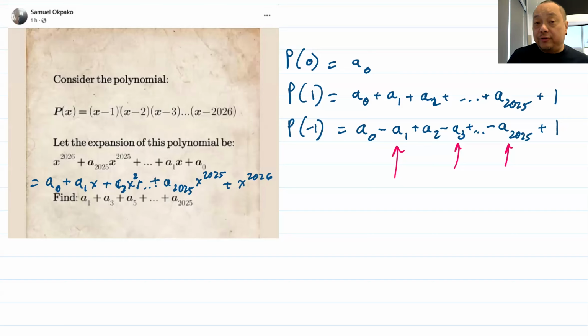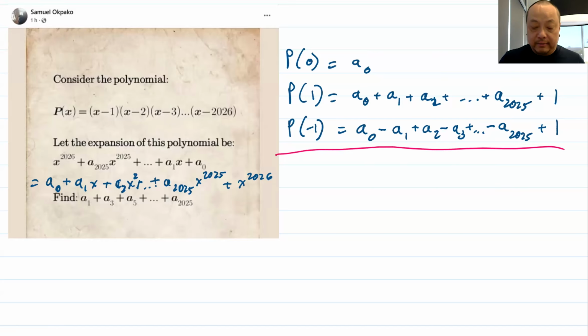The question asks for the sum of all the odd terms. And I see here that the odd terms are different from the even terms. So I can see now that I can extract out the odd terms separately or extract out the even terms separately. If I want to extract out the even terms separately, I can just add side by side, right?